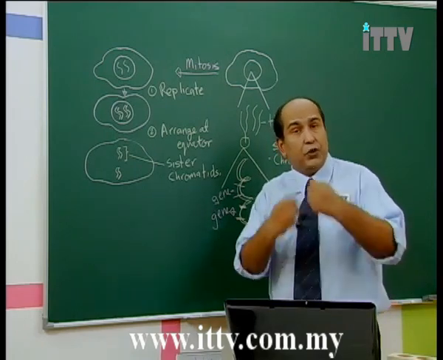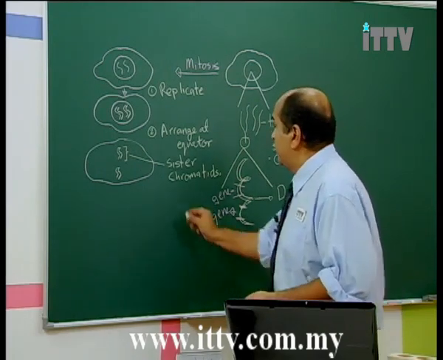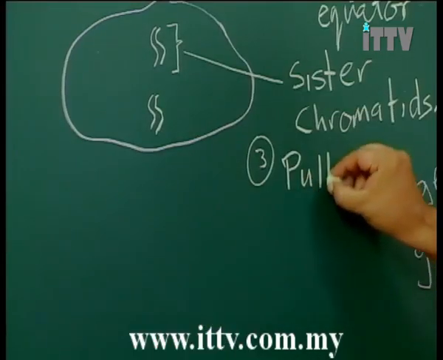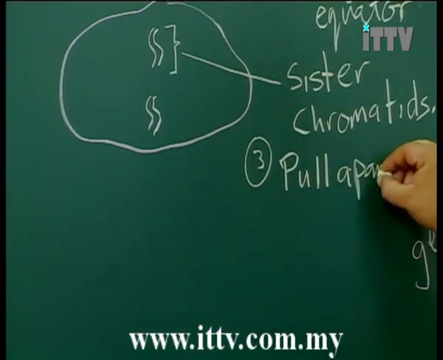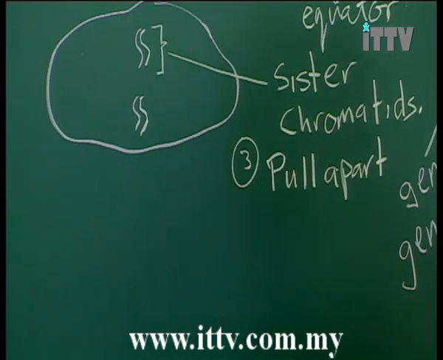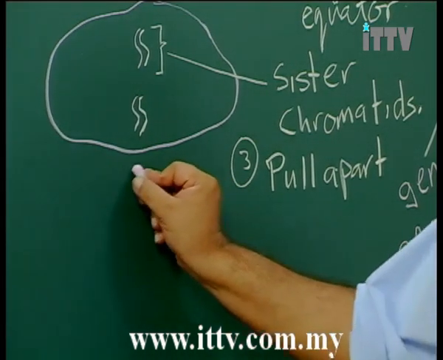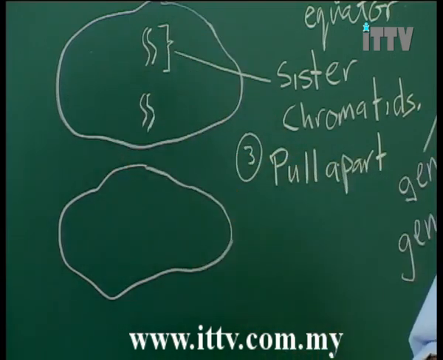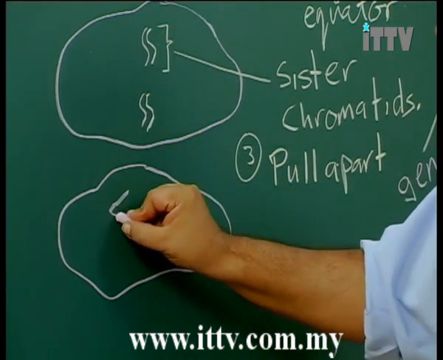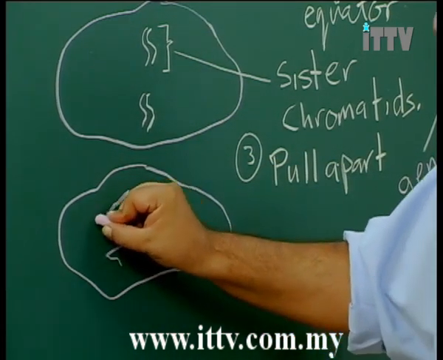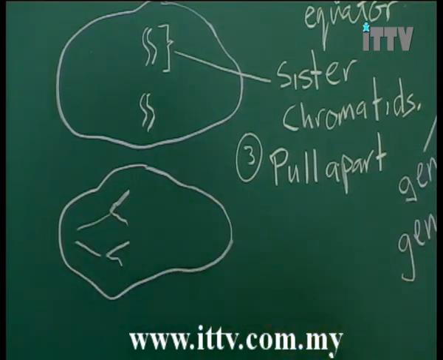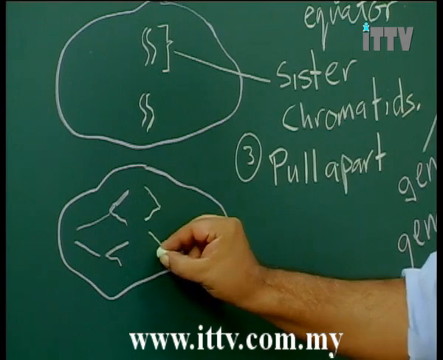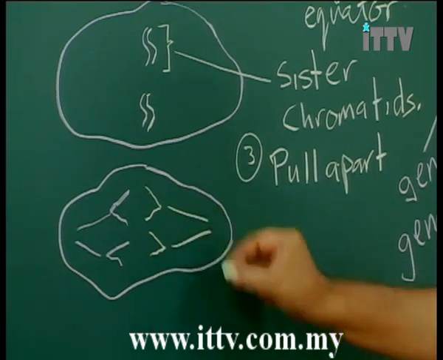The next step is to pull them apart. So let's go to the next step, which is pull apart to the poles. So what do we have? I'll draw this cell back in. One gets pulled this way, and the other bits get pulled this way.